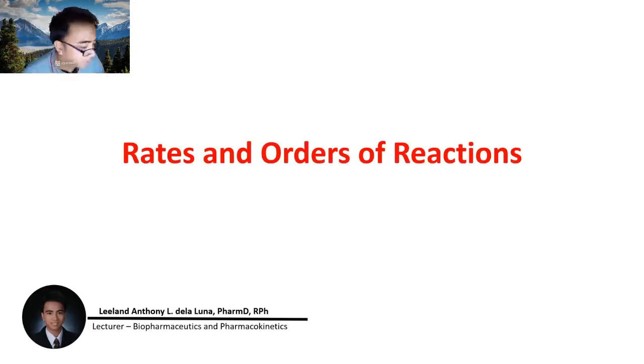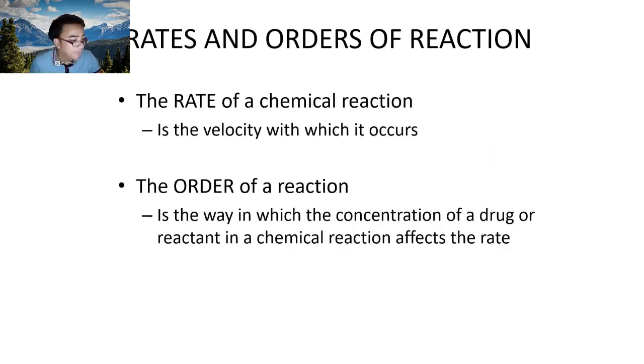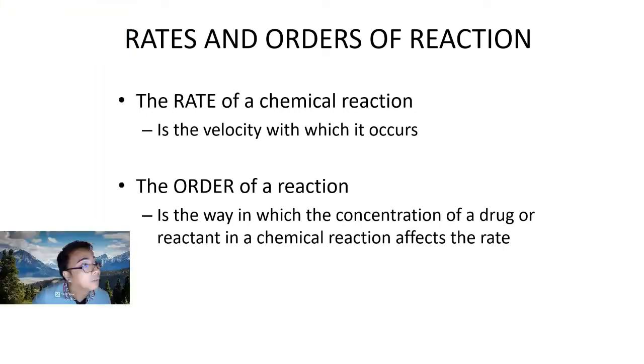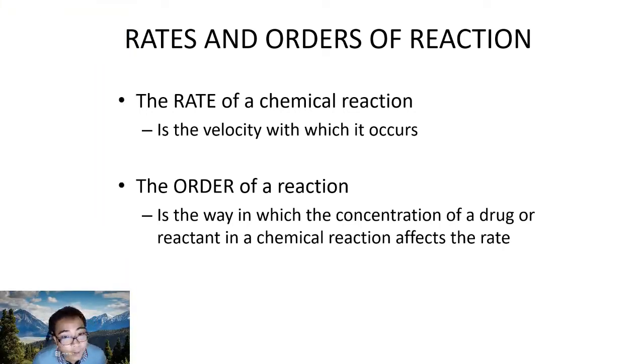Now, class, let's talk about rates and orders of reaction. This is something that you guys are already familiar with. So, as we said, class, rate refers to how fast a chemical reaction takes place. While order of reaction refers to how the concentration of a drug or a reactant affects the chemical reaction that's taking place.